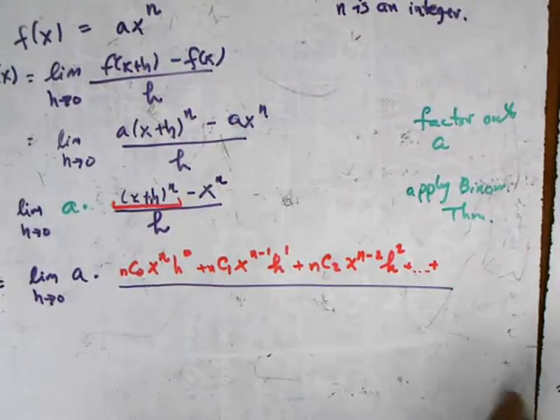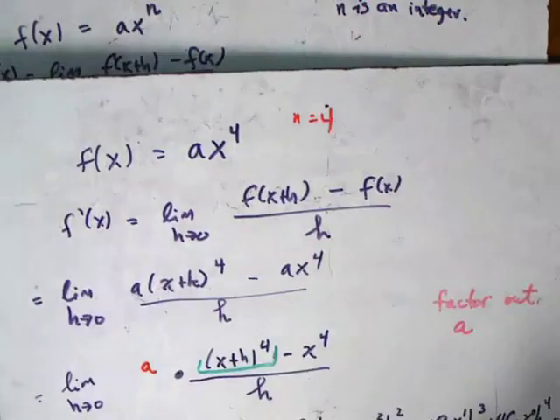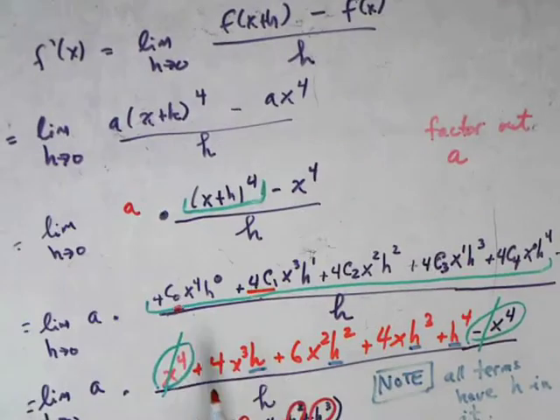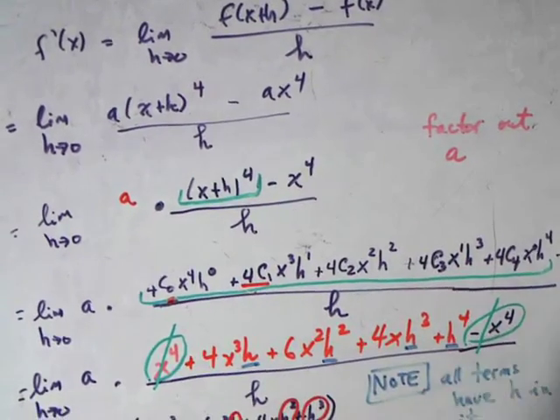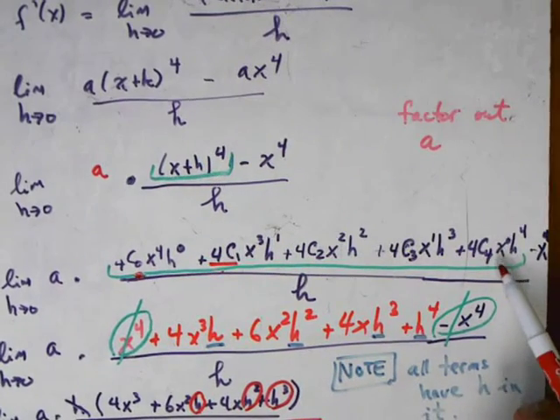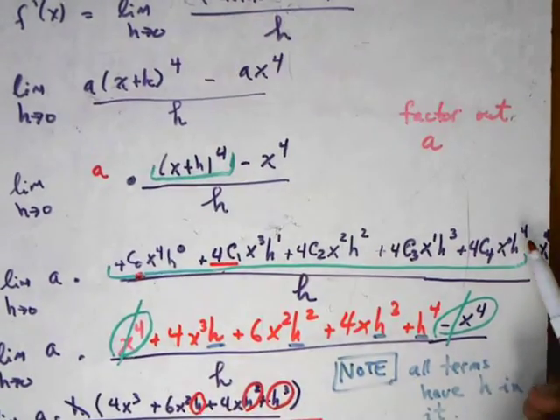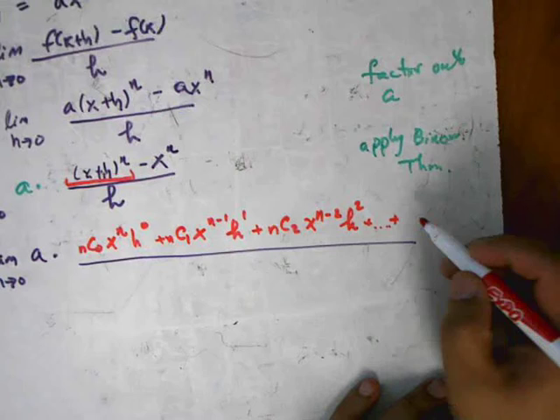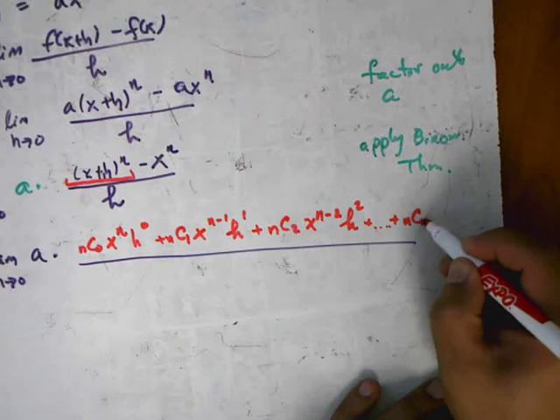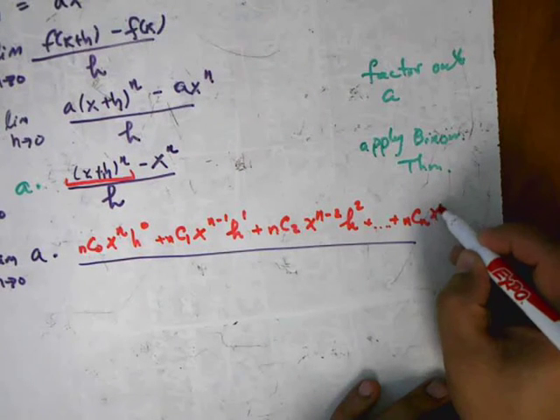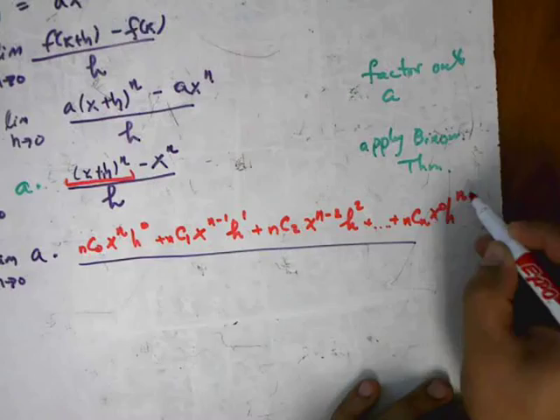In the case of 4 here, we only had a few steps, and we eventually stopped at the end when we got x to the 0th, h to the 4th. So in this case, we're going to stop at n choose n, x to the 0th, h to the nth.